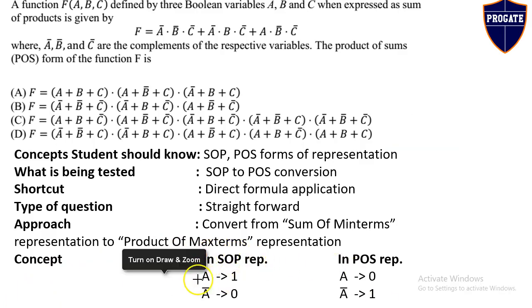In SOP representation, a variable is represented by 1 and a variable complement is represented by 0. Whereas in POS representation, a variable is represented by 0 and its complement is represented by 1.